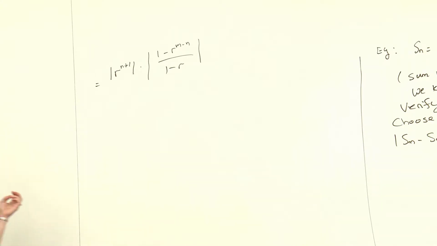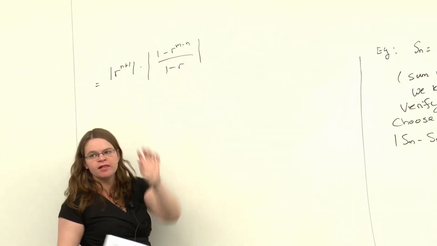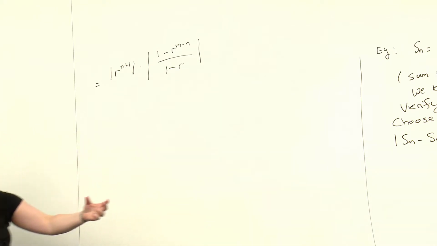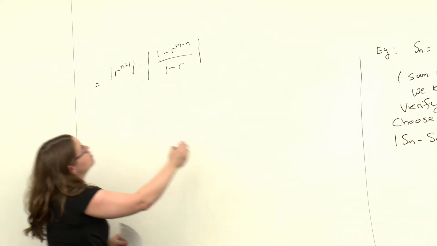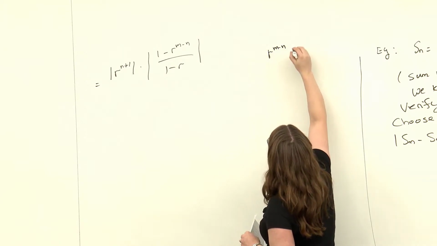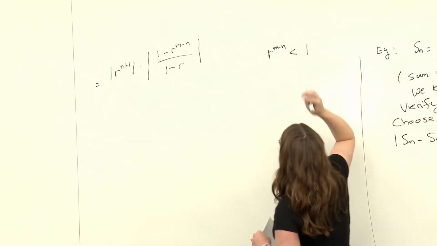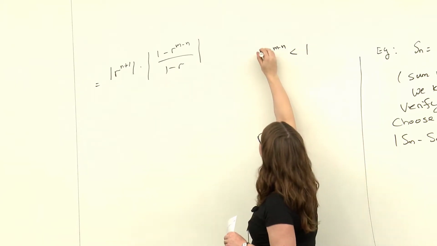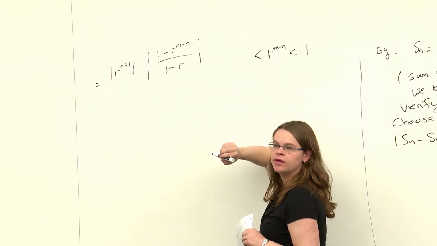1, right? r is less than 1. So when we take something less than 1 and raise it to a positive exponent, we're going to get something that's less than 1 in magnitude again, right? And so we'll put this over here. We know that r to the m minus n is certainly less than 1. And it's going to be bigger than minus 1, yes?